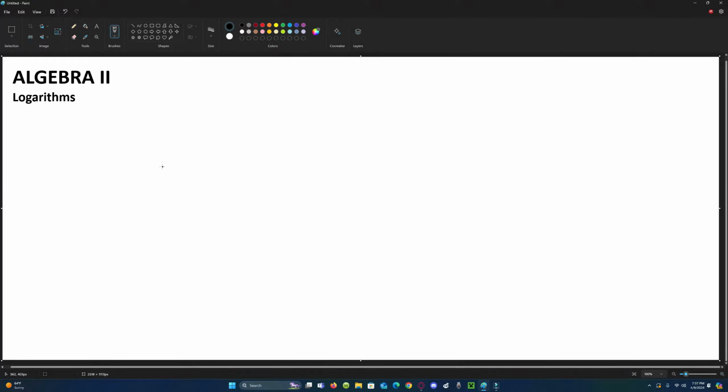Let's start with how a logarithm is formed, basically. So we have, this is the quote-unquote equation for logarithms.